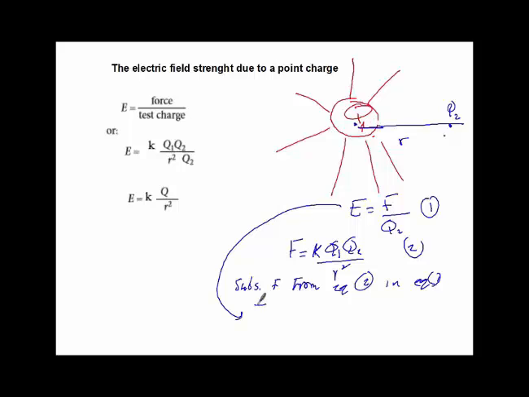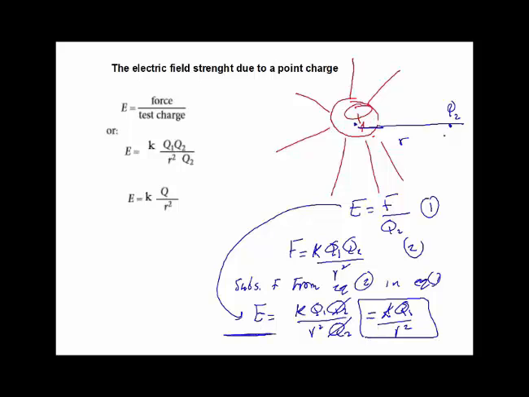So we will have E equal to, let's put our F here, K Q1 Q2 over R square, and already we have here a Q2. So this will cancel with this. We will end with K Q1 over R square, and this will give us the electric field strength due to this point charge Q1.